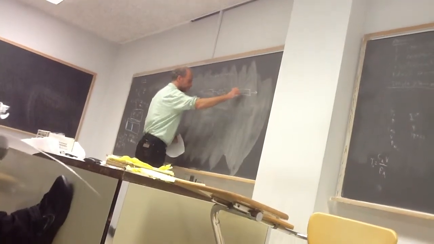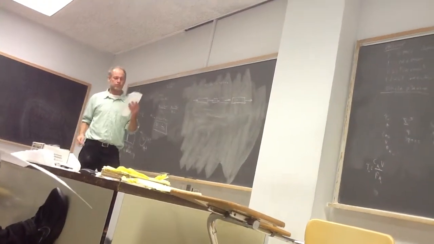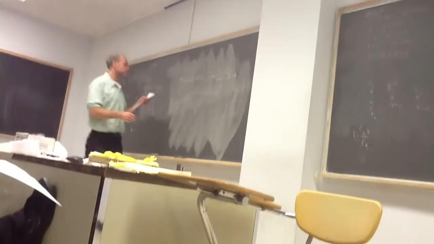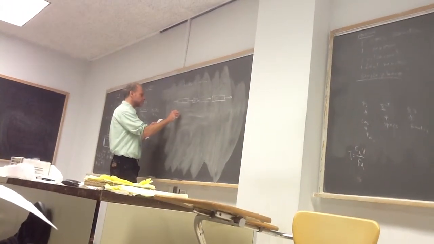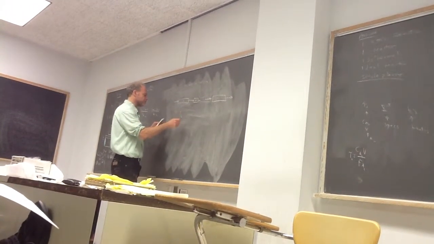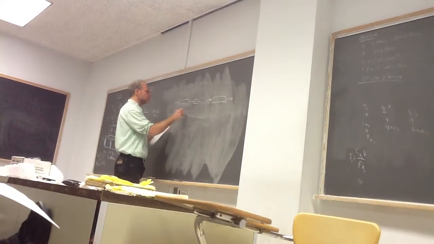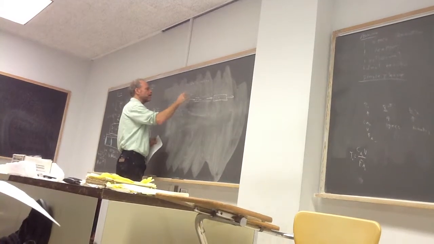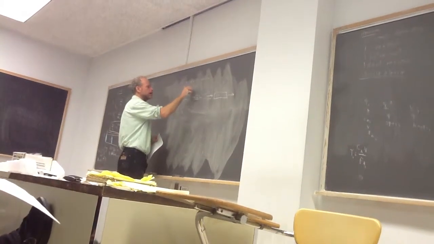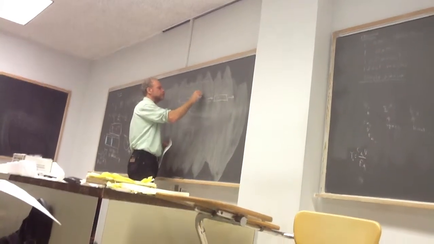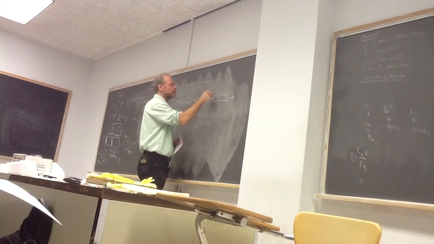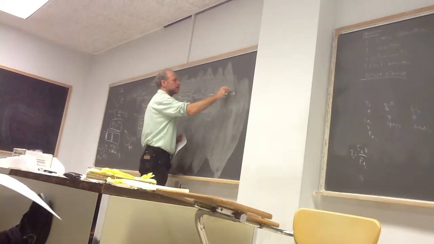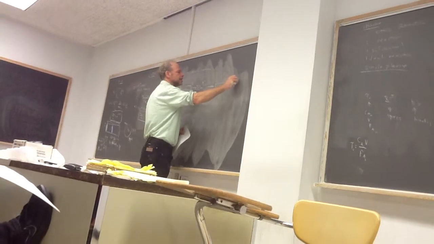Okay, so reactor 1, reactor 2, reactor N. If we look at our sheet here for general, we have tau 0 for the first reactor is Ca0, and let's call this X in, and I'll call the outlet from reactor 1 X1, the outlet from reactor 2 X2, the outlet from reactor N Xn, which is the same as X out.